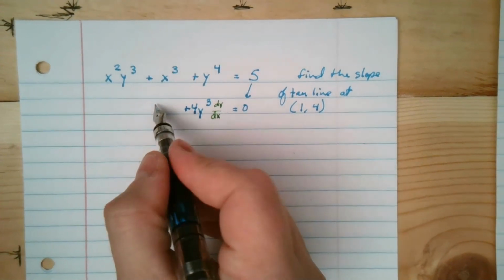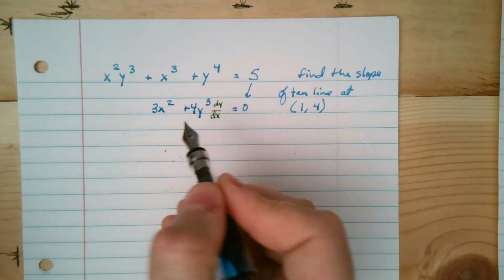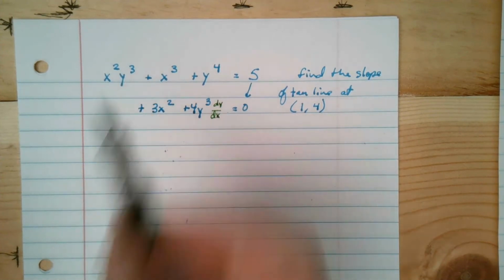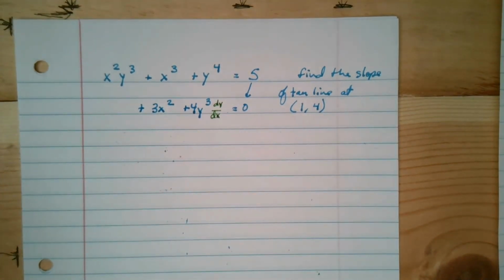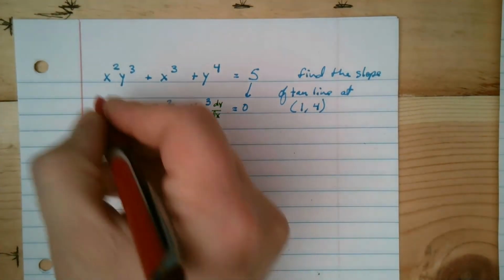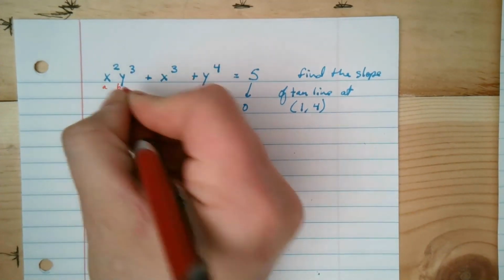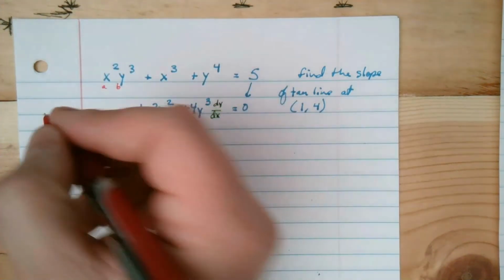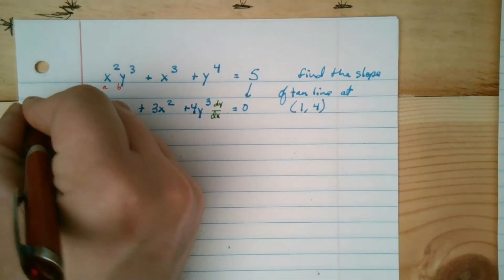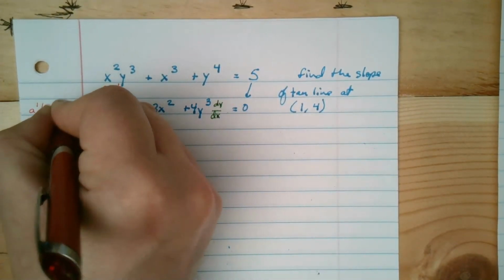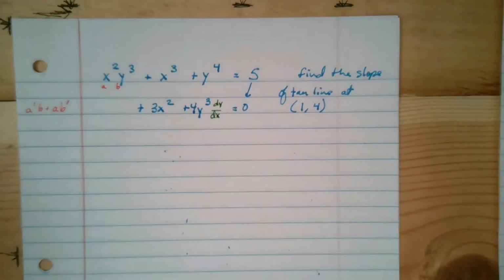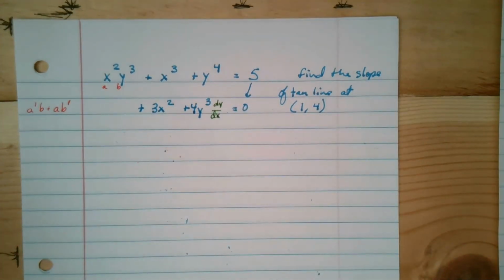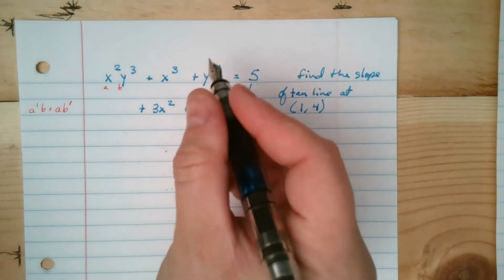This guy's derivative will be 3x squared. And then this guy, of course, we have to use the product rule. So this is A, this is B, and I'll write it down for you again in case you missed it: A prime B plus A B prime. Derivative of the first times the second plus the first times the derivative of the second.